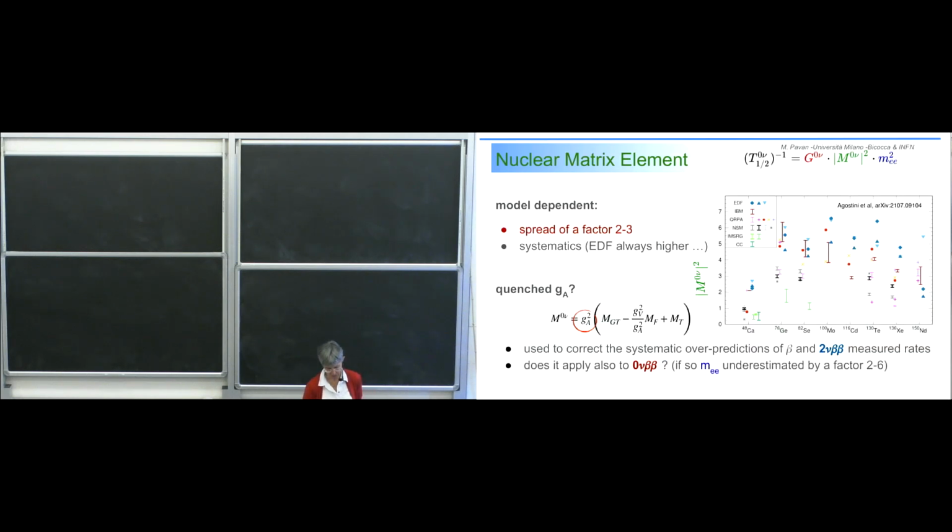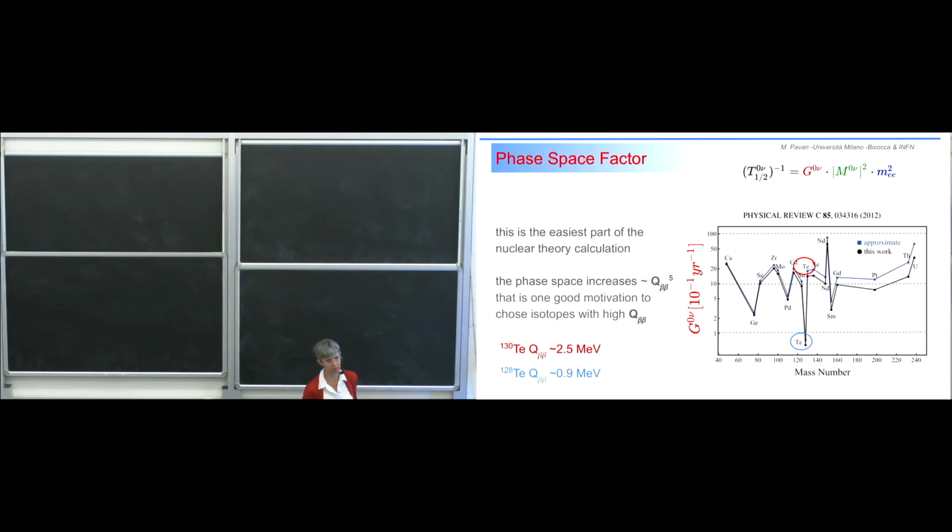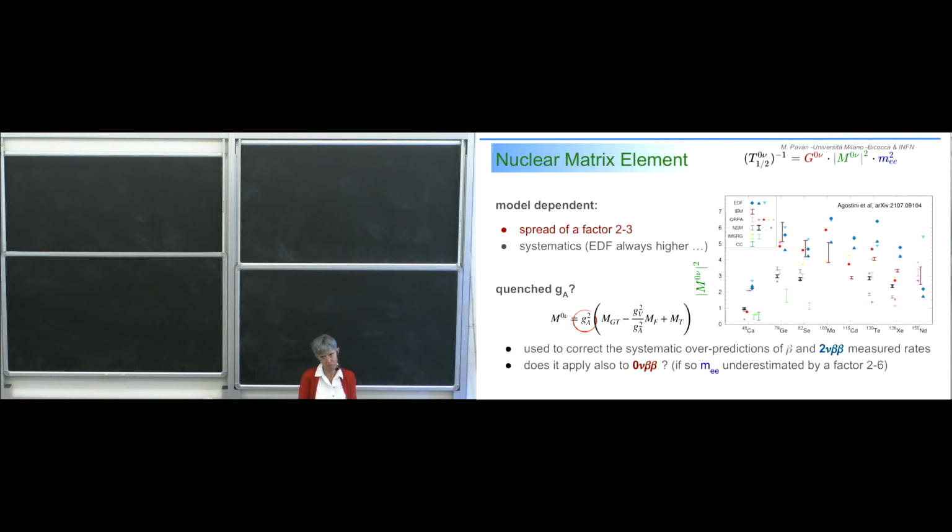The phase space has no spread. There are very, very small changes depending on approximations and so on, but it is easy to evaluate. The problem is the nuclear matrix element. The problem is that we do not have a standard model of nuclear physics.